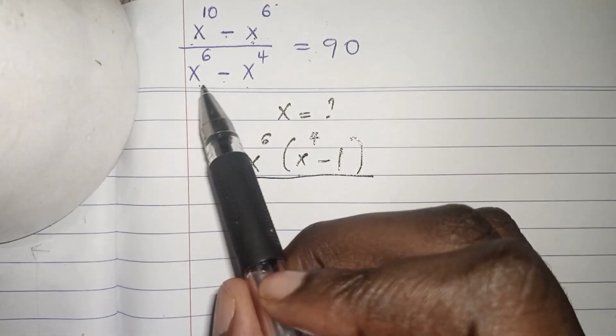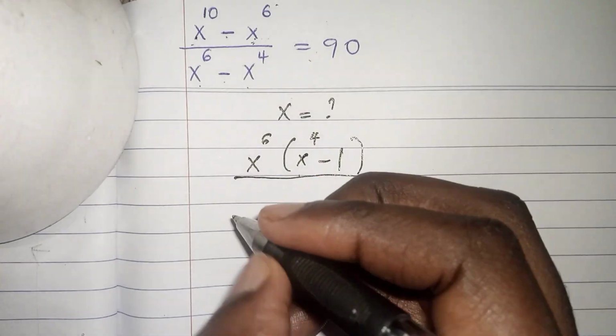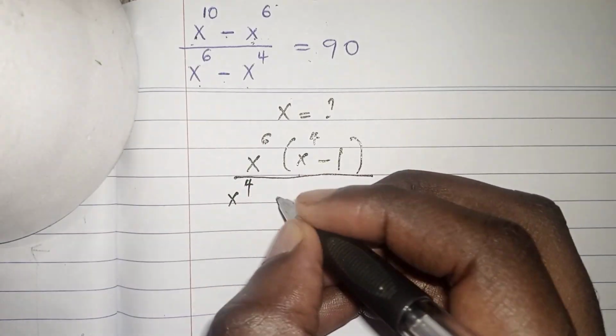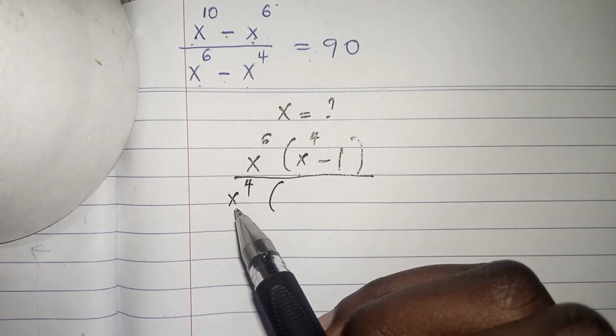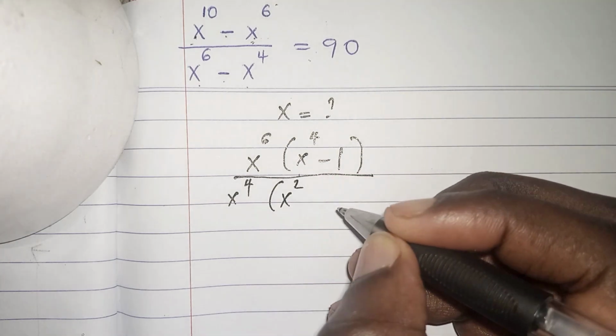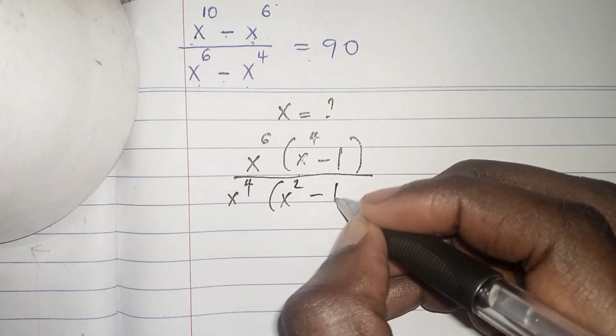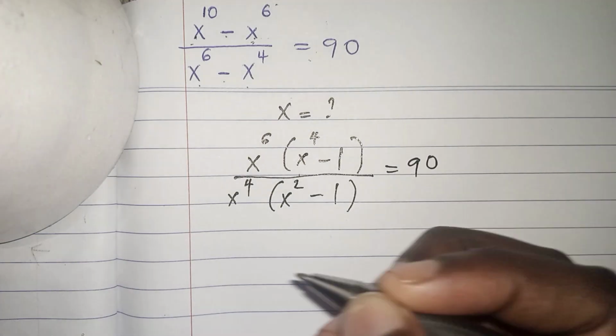Over our denominator here, we are going to factor out x to the power of 4. So x to the power of 4 in bracket x to the power of 6 divided by x to the power of 4, which is x to the power of 2, minus 1 bracket, is equal to 90, right?